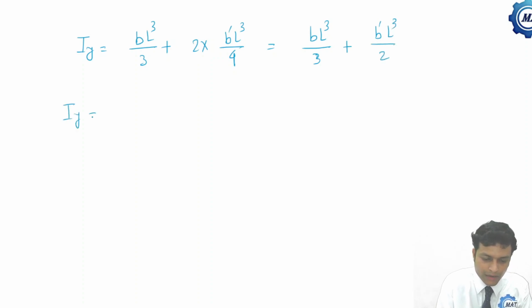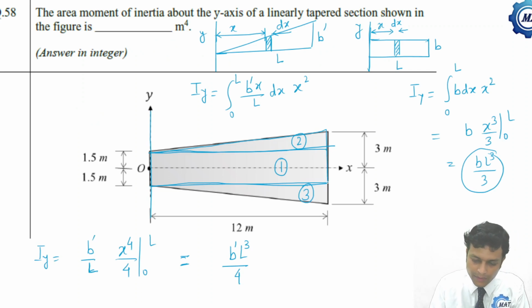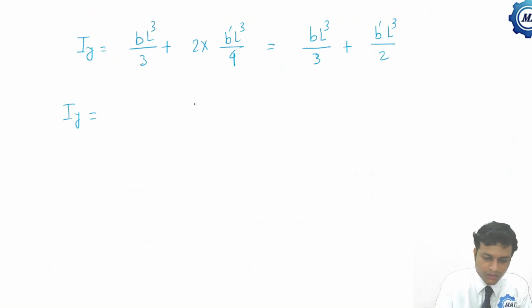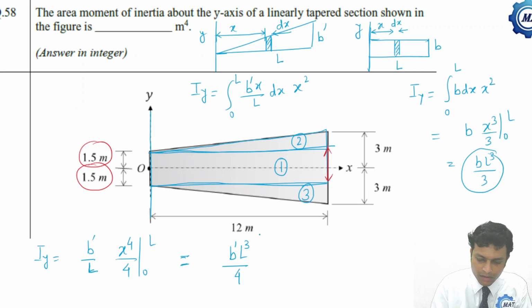So what is B for the rectangular element? B is 1.5 plus 1.5, so 3. L is 12.